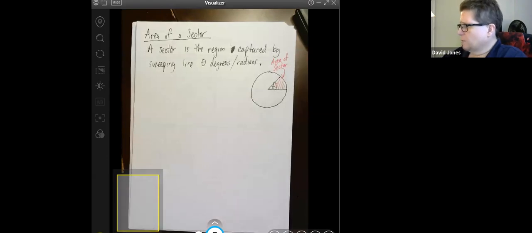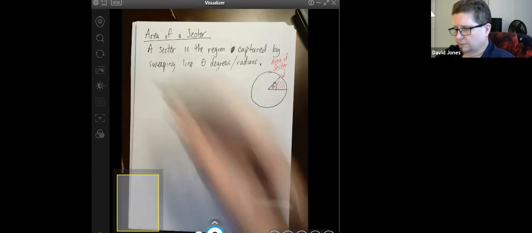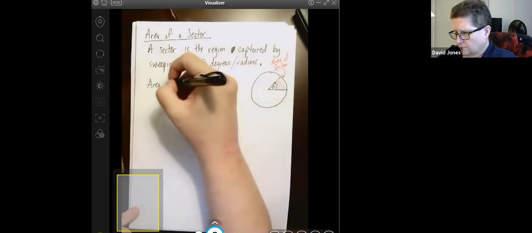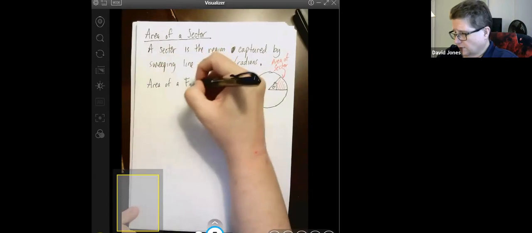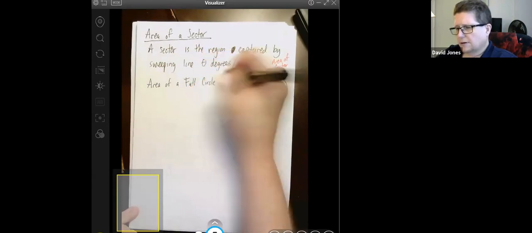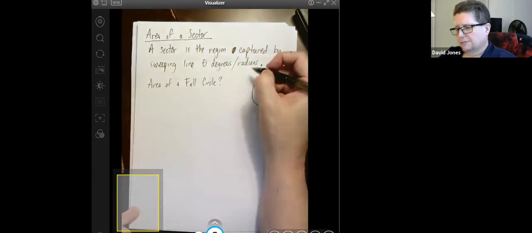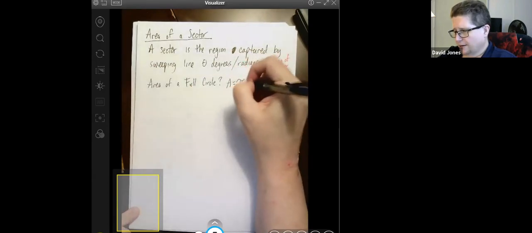And how do we come up with the formula? Let's compare area for the sector. So what do we know about a full circle? What is the area of a full circle? You guys remember? It's pi r squared.